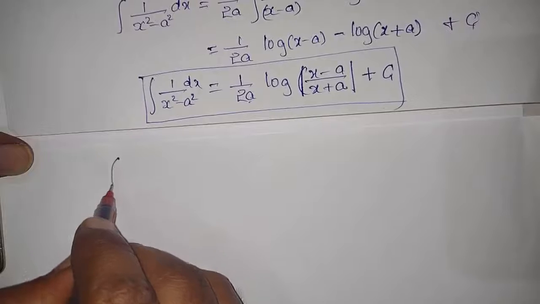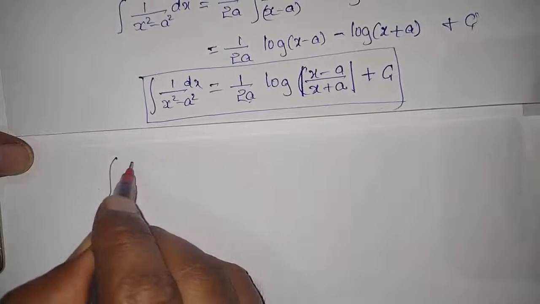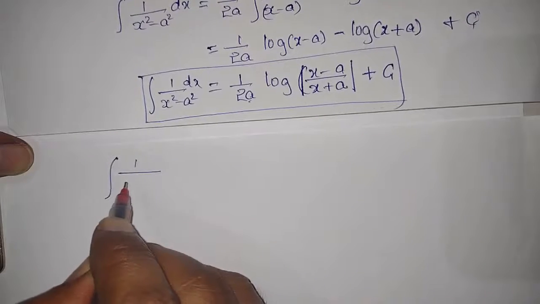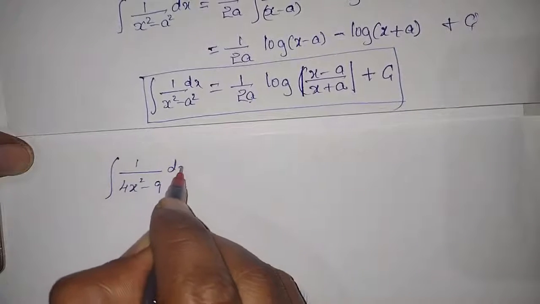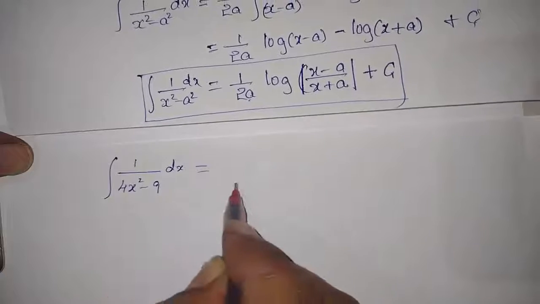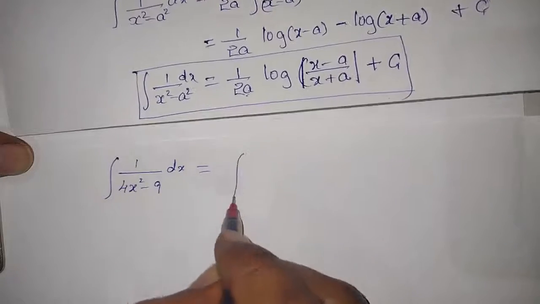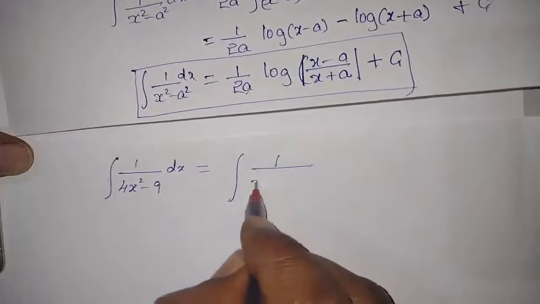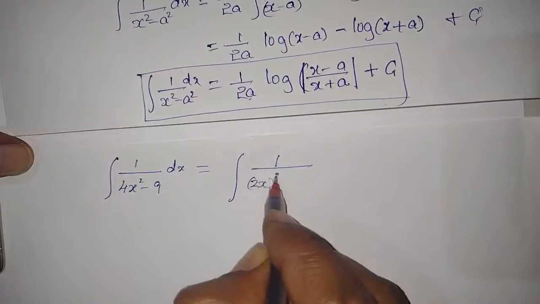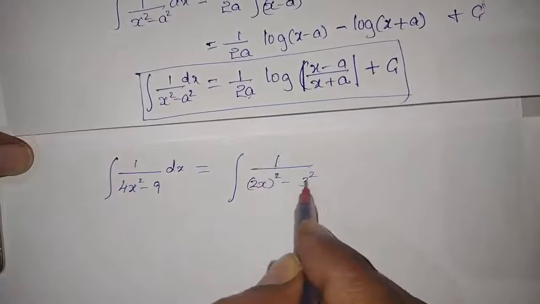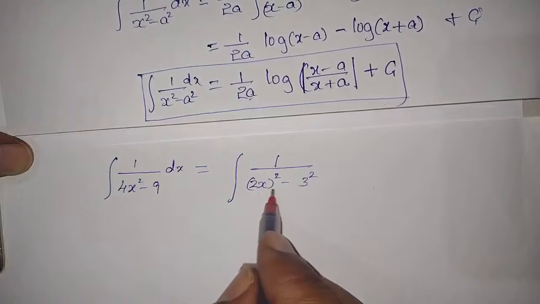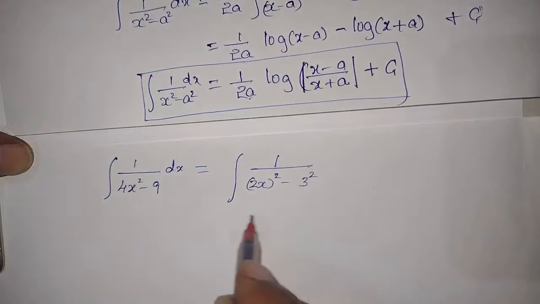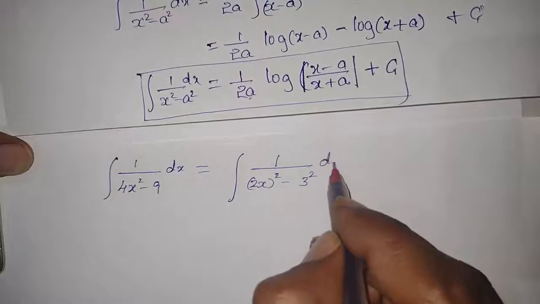Evaluate the integration of 1 divided by 4x square minus 9 into dx. This 4x square minus 9 can be written as integration of 1 by 2x whole square minus 3 square, where in the place of x we have 2x and a means 3, into dx.